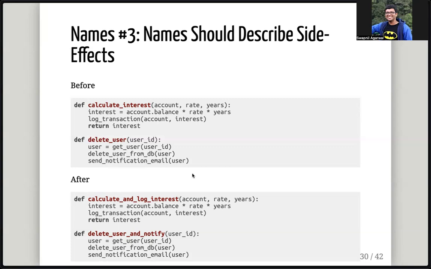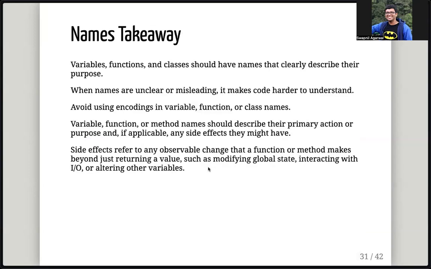Let's move to the takeaway here. Variable names, function names, classes should have names that clearly describe their purpose. Whenever the names are unclear or misleading, it will make code harder to understand, and it will eventually result in a bug.